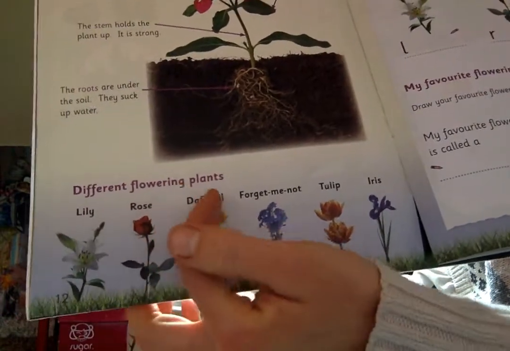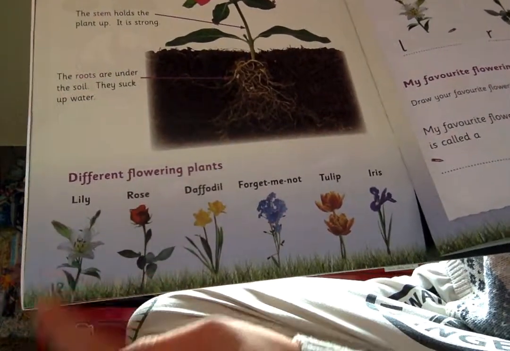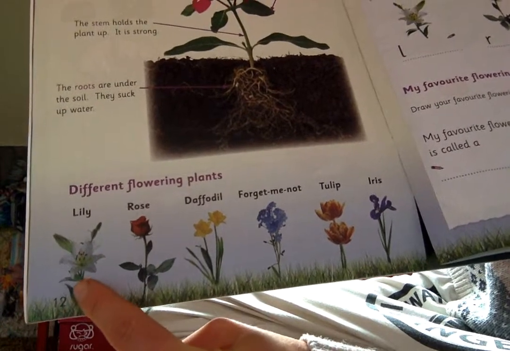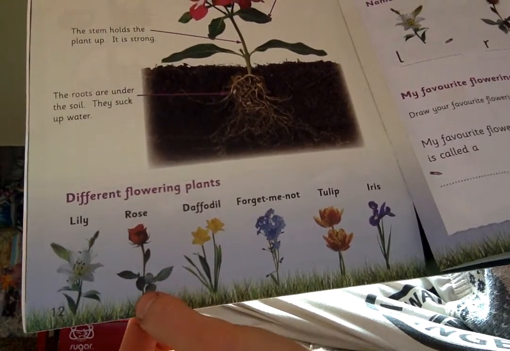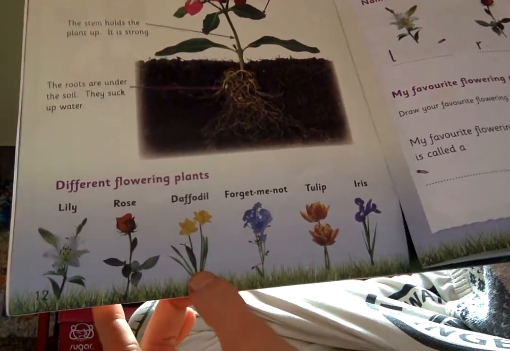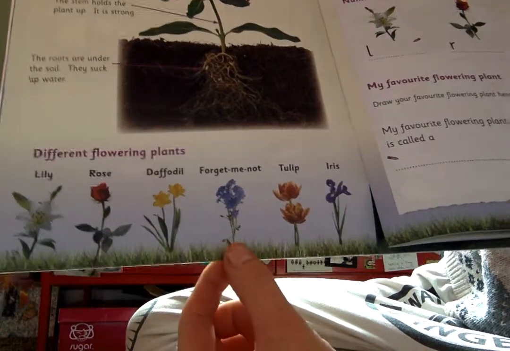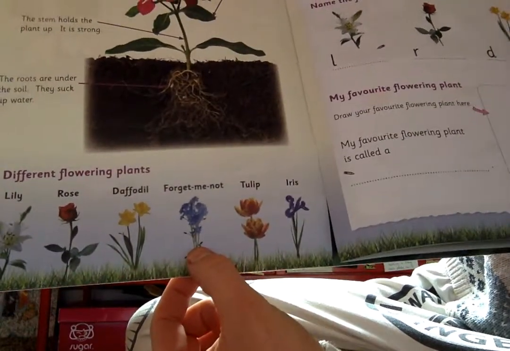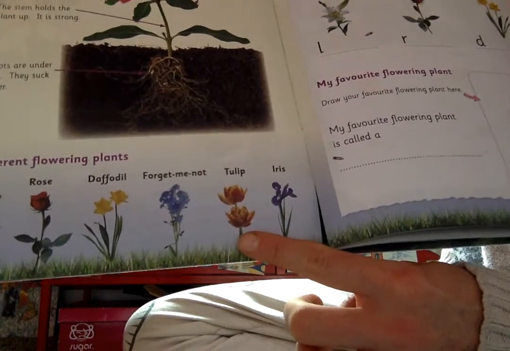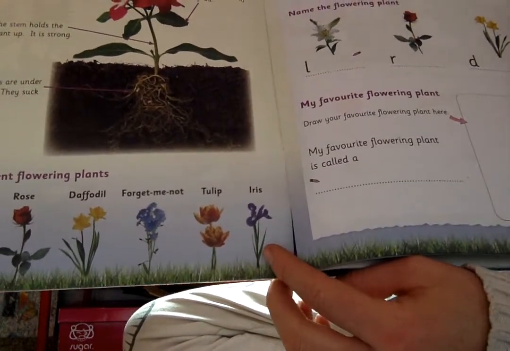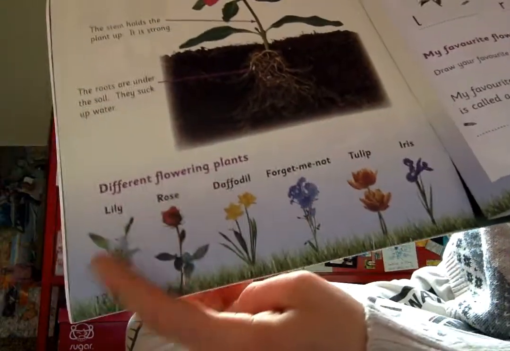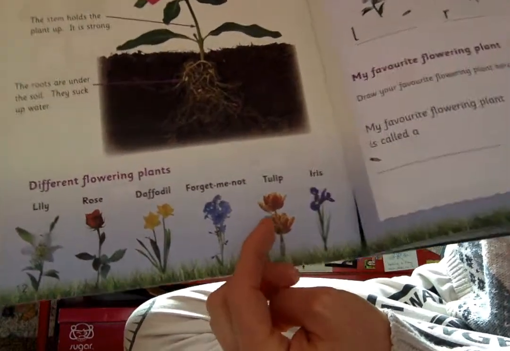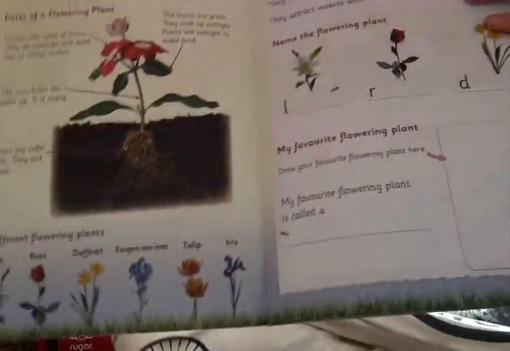Different flowering plants. Here you have a lily, a rose, daffodil, forget-me-not, tulip, and iris. These are all examples of flowering plants, right?